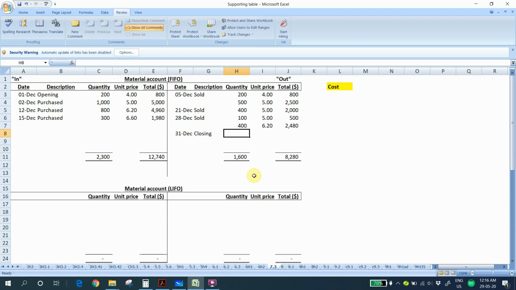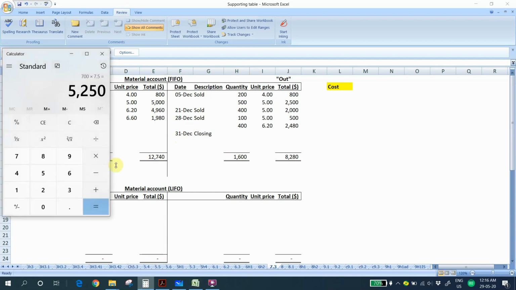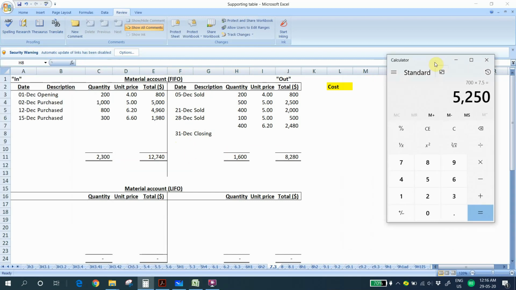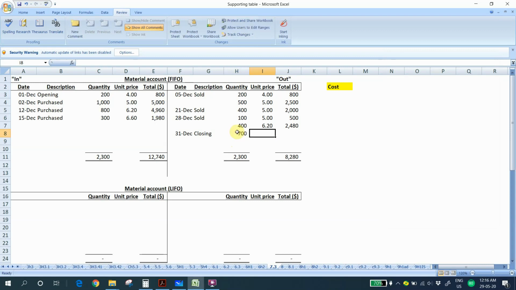So let's figure out what is the difference in the quantity. We use 2,300 minus 1,600. We get the answer 700. So we have 700 units. And what is the value?